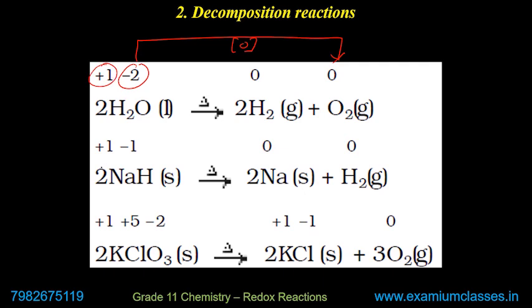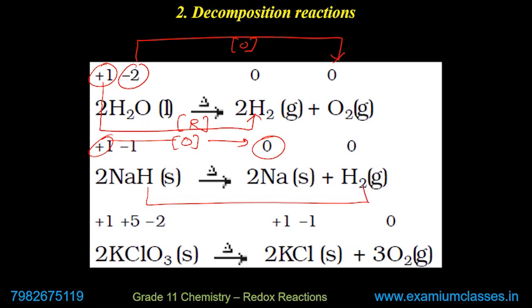From +1, hydrogen here +1 to 0, reduced, reduction. Similarly, here sodium +1 to 0, in elemental form it will be 0. Okay, in compound form it will always have +1. That is the rule. So this one is oxidation.